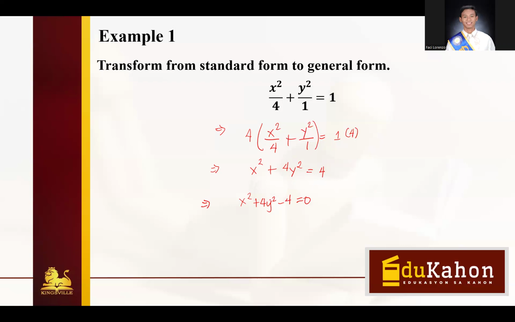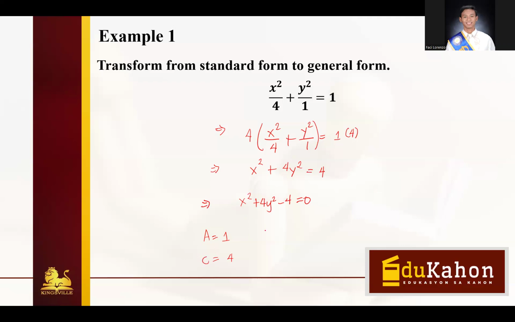Now, your ellipse is already in the general form. So consider the value here of a is equal to 1, since that is the numerical coefficient that is present in x squared. And the numerical coefficient of 4y squared is 4, and that is the value of, or rather this is, c.